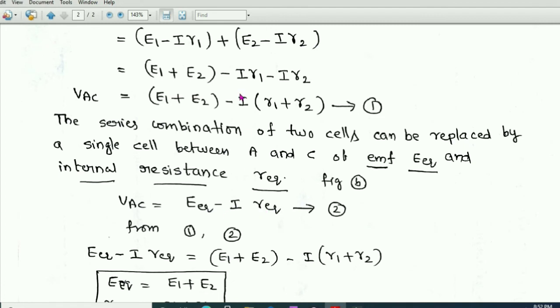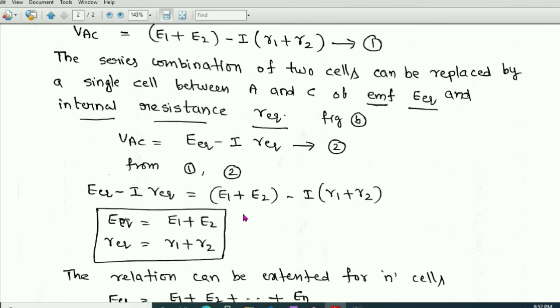Minus I as it is, and in place of REQ, here R1 plus R2 is there. So EEQ can be written as E1 plus E2 and REQ can be taken as R1 plus R2. Now this is the equivalent EMF and equivalent internal resistance.